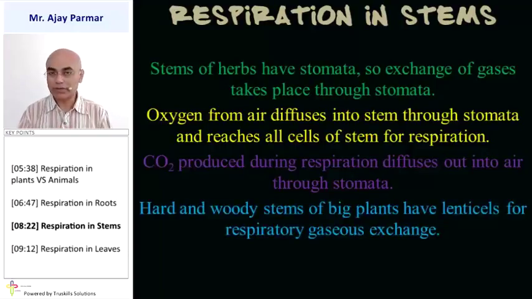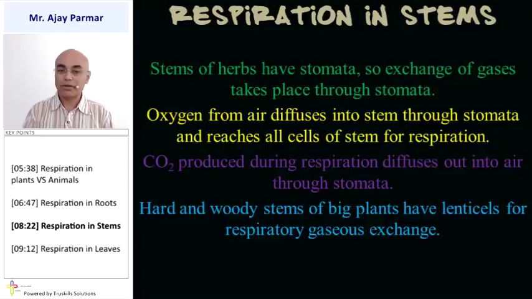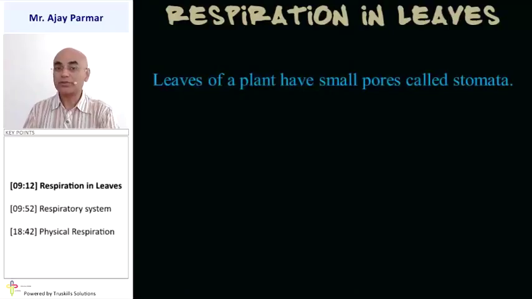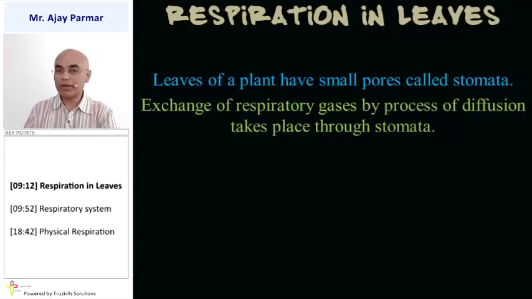Hard woody stems, especially big woody trees and big plants, have lenticels for respiratory gaseous exchange. Whereas leaves have small pores, which we call stomata. The exchange of respiratory gases takes place by the process of diffusion.